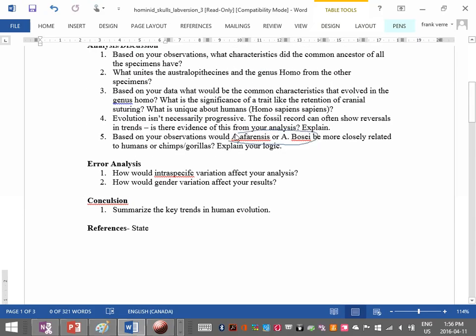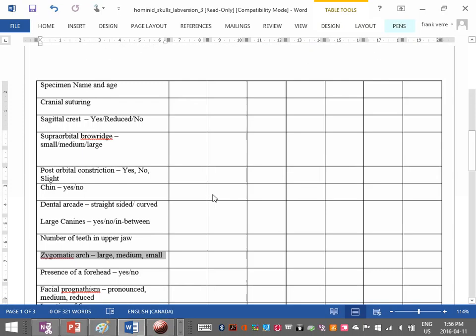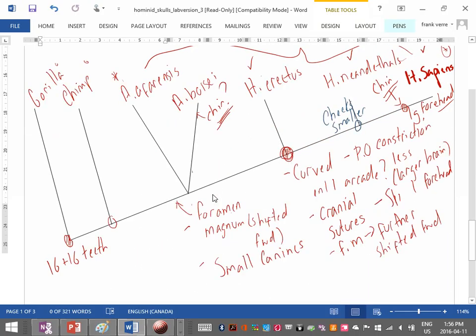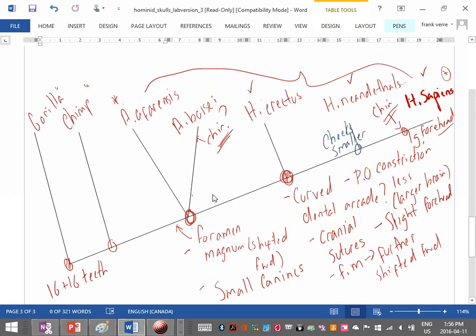Afarensis or boisei, you can see that they have chimp-like and human-like characteristics. What would be an example of a human-like characteristic that afarensis and boisei have?